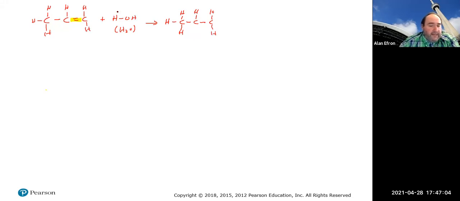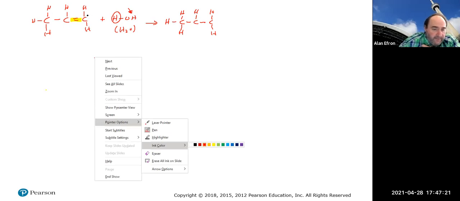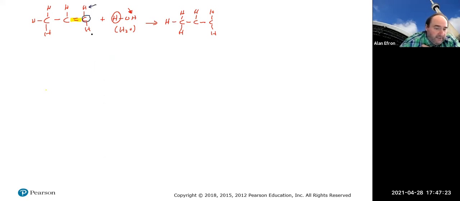We also talked about the idea that when we add hydrogen and something else in this type of reaction, this is what is referred to as an unsymmetrical addition. And the hydrogen always ends up at the carbon that had the most hydrogens to start with. In this particular case, this carbon has 2 hydrogens, and this carbon only has 1 hydrogen. That means that when we add this on, we should add the hydrogen to the guy on the right, as he had more hydrogens to begin with.